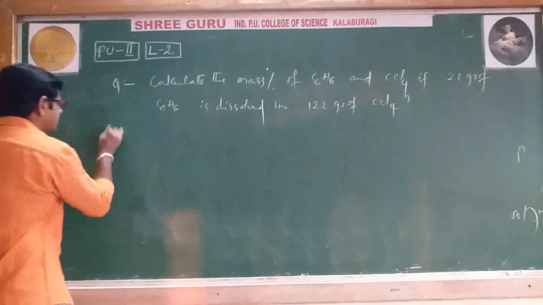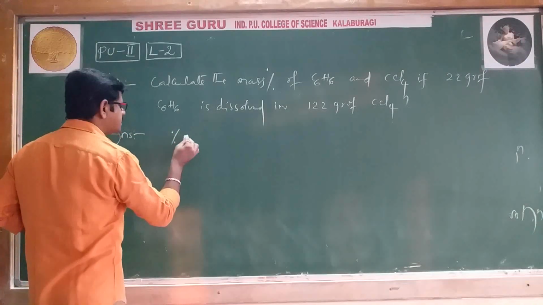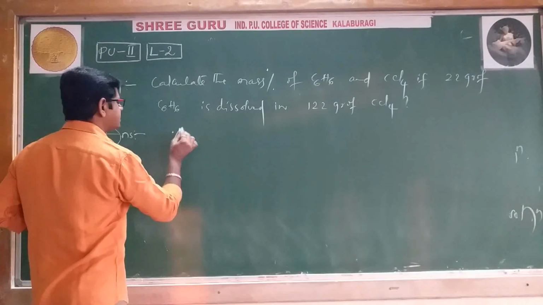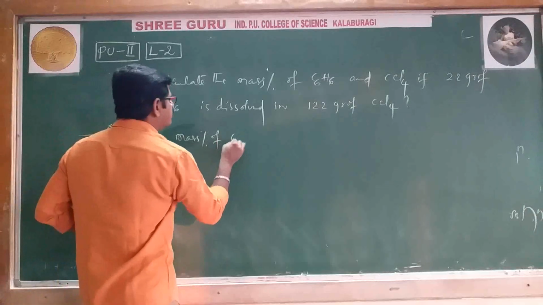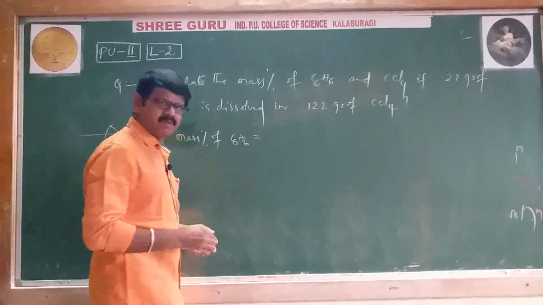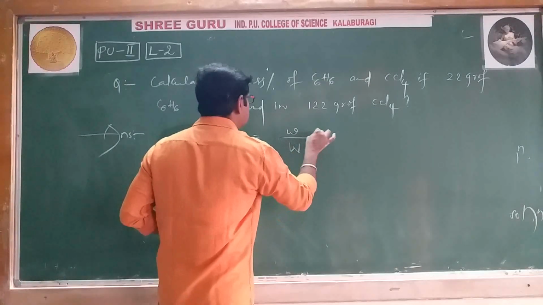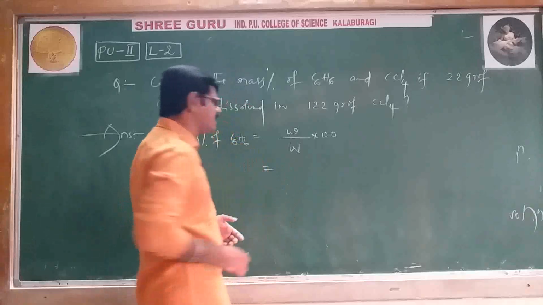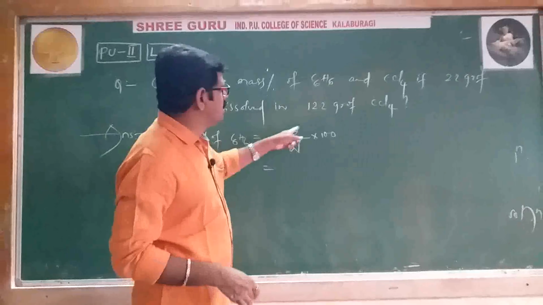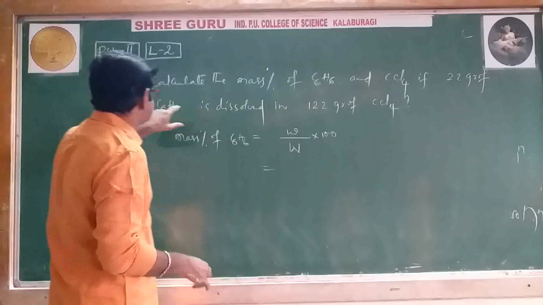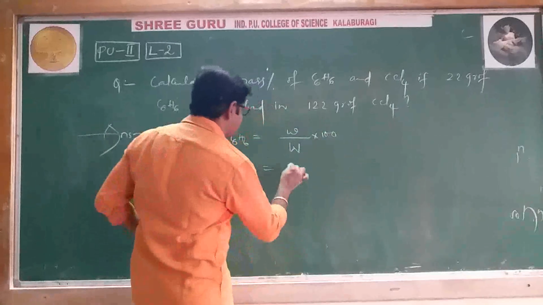First, we'll calculate the mass percentage of benzene. What is the formula? Small w divided by capital W into 100, because it is a mass percentage. What is the small w? Mass of solute, that is the benzene mass, 22 grams.